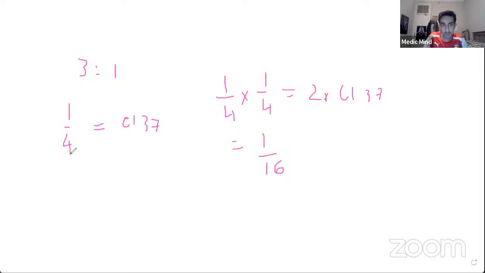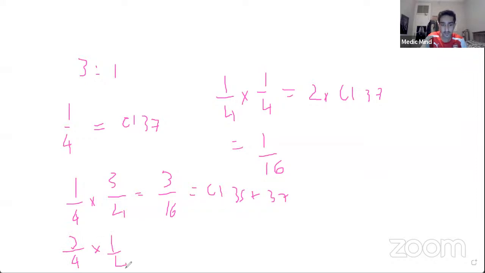There is a 1 in 4 chance that the molecule you pick is a Cl37, and a 3 in 4 chance that it is Cl35, which means you've got a 3 in 16 chance of getting a Cl35 and a Cl37. But that is not the only configuration you can get that probability, because you could pick a Cl37 first, then a Cl35. So you've got a second way of doing that.